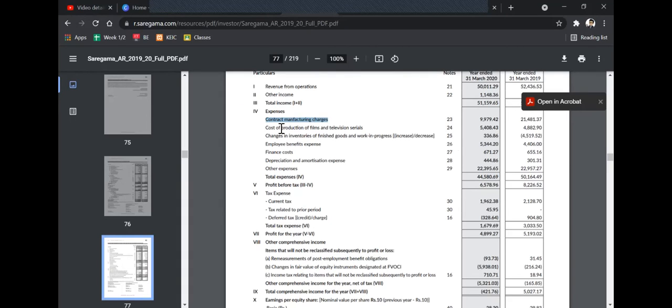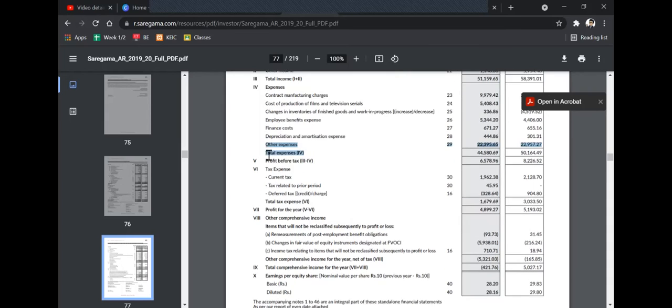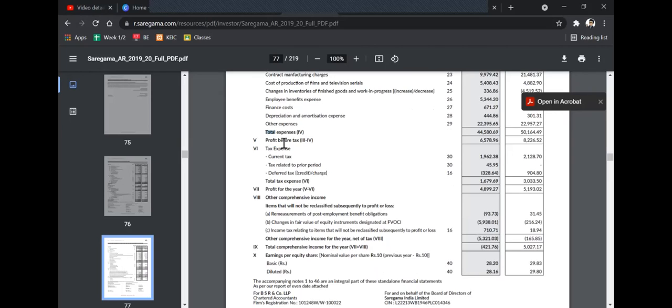Because it's in the manufacturing industry, it's cost of manufacturing, cost of production of films, and this change in inventories. As you can see, it's basically the same thing. Then profit before tax, tax expenses, current tax, prior period, deferred tax, tax expenses, profit for the year, other. You'll get confused with this part.